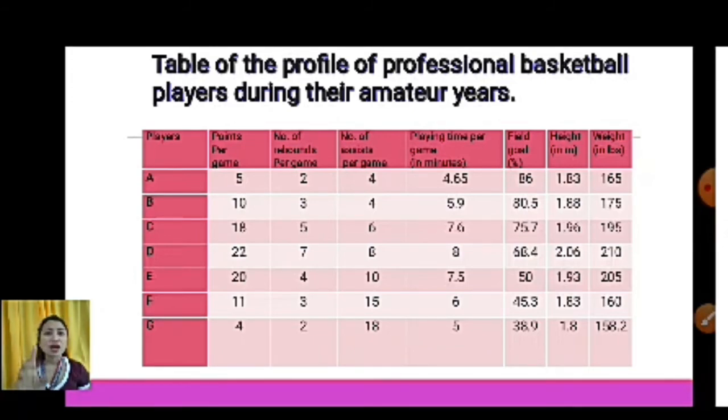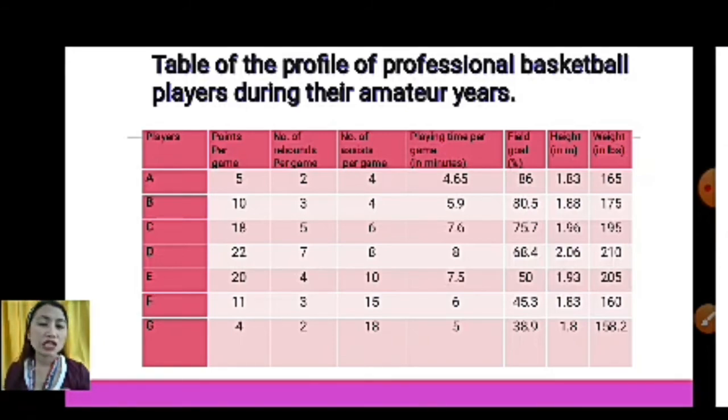So we have players A, B, C, D, E, F, and G. Based on this table, that coach will be able to identify a very good player so that he will choose that player.